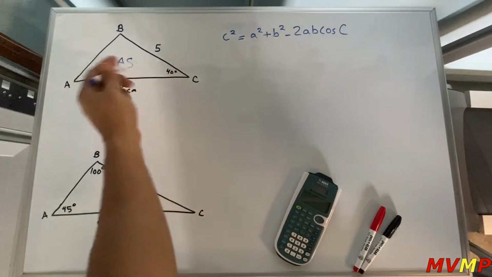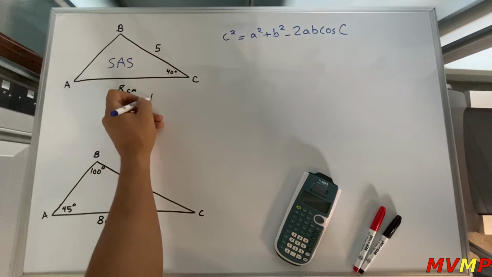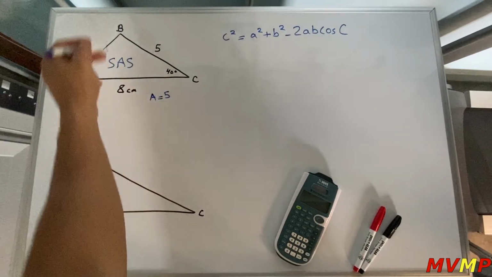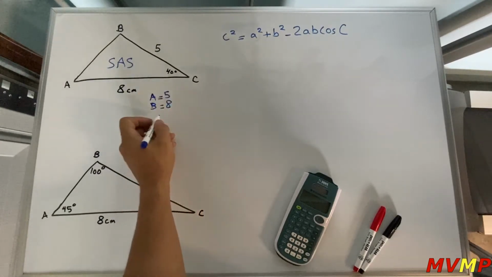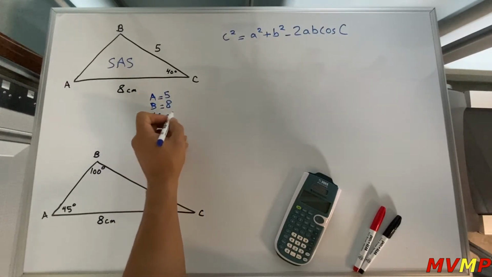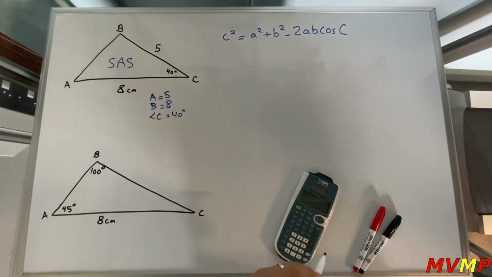So we're just going to plug and chug. So a here is 5, b is 8, and then angle C is 40 degrees.